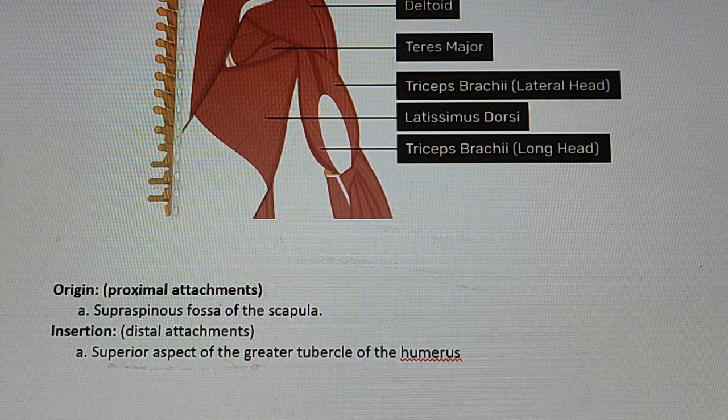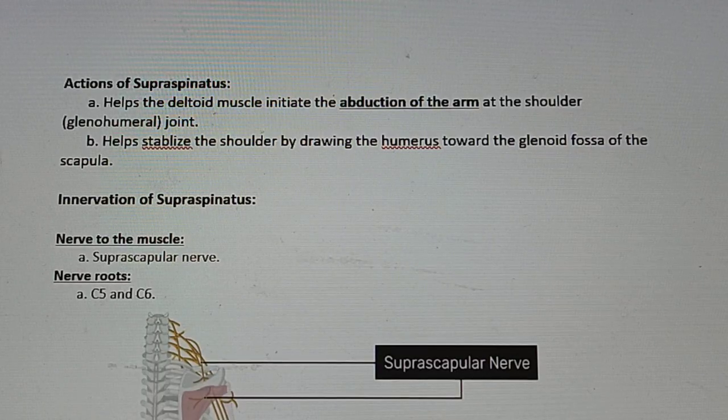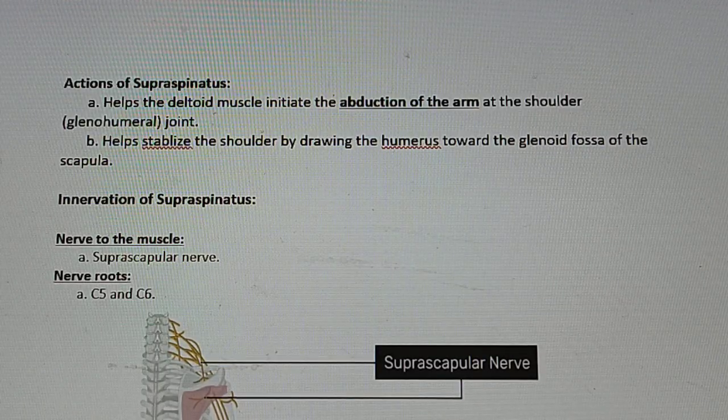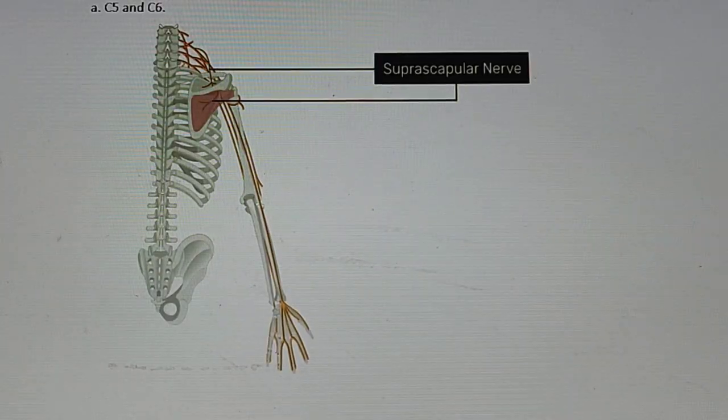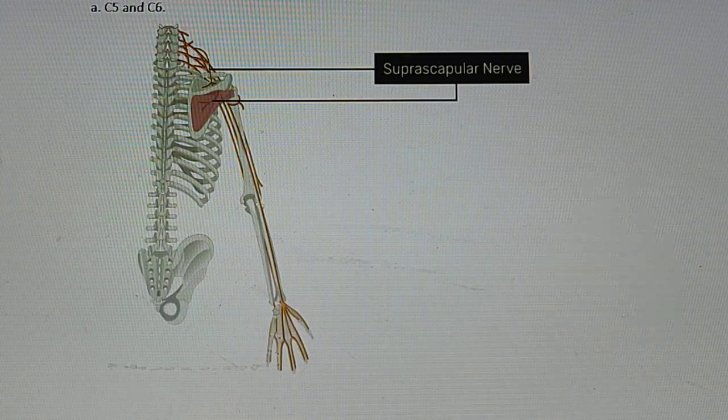The actions of the supraspinatus muscle and the nerve innervation are here. So take a look at it. There you go, there's the suprascapular nerve on this drawing. Just take a look at it.